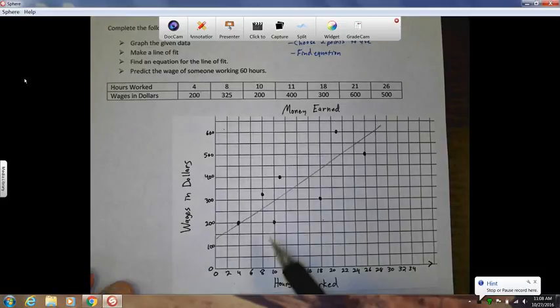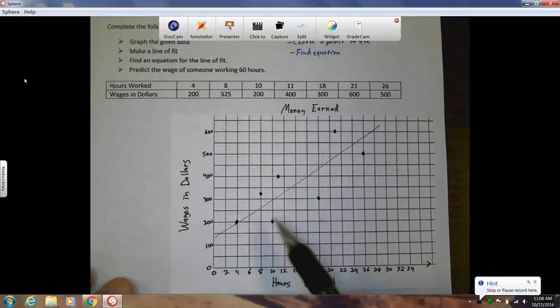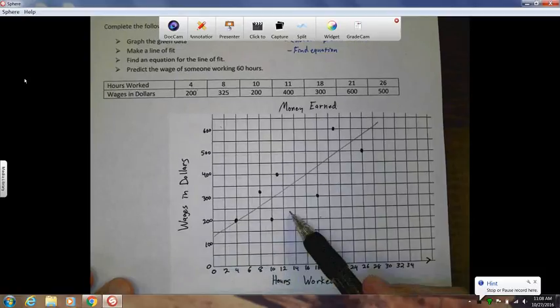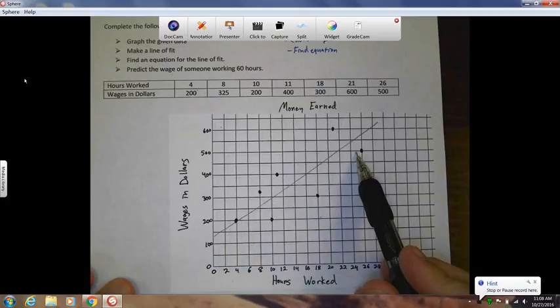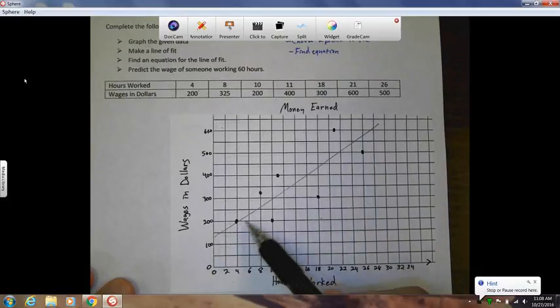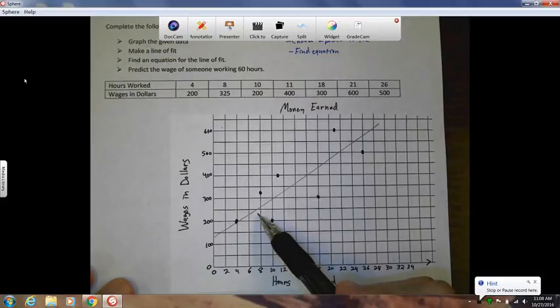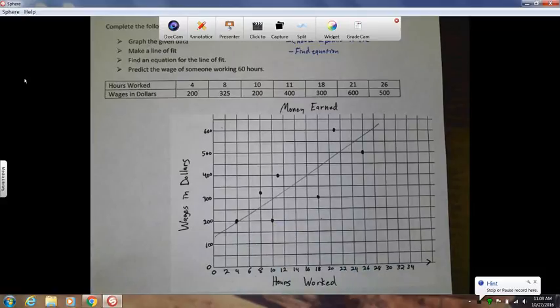Next thing is I need to make an equation for the line of fit. To make an equation, you want to choose 2 points that are close to the line of fit. So that means, what's the distance here? I want points that are close to the line and far from each other.